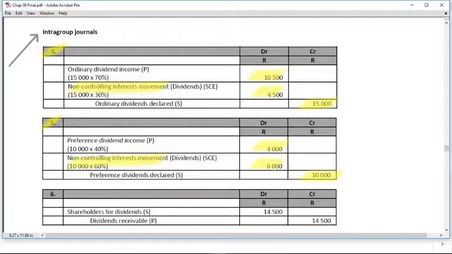Because these dividends were only declared at reporting date, you still have shareholders for dividends where the subsidiary owes these amounts to the equity participants.